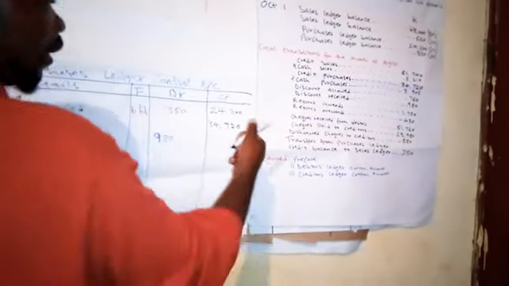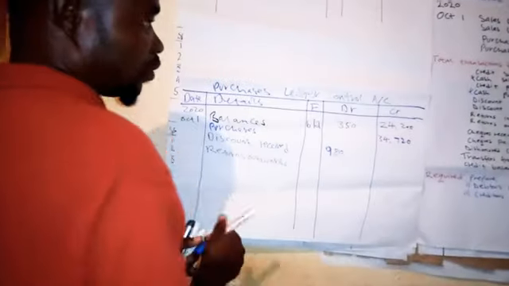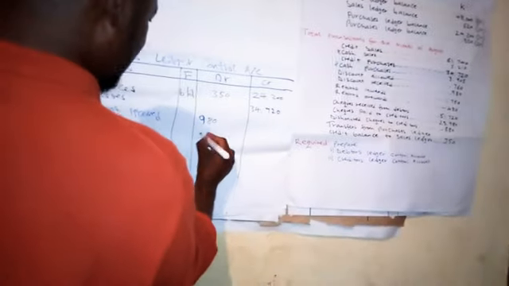Then returns outwards. This one affects the purchases ledger control account. Returns outwards. How much do we have there? 430. Okay, so this should be on the debit side.